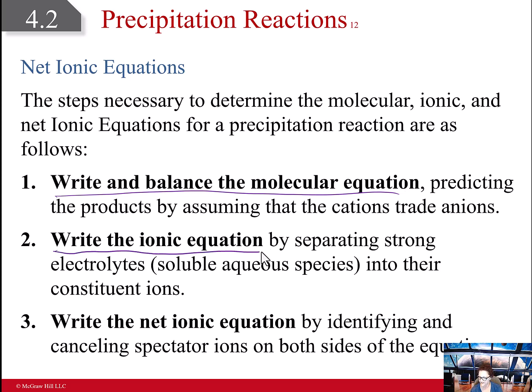Write the ionic equation by separating the strong electrolytes, those that are still going to be aqueous, into their ions, and then write the solids with the designation of S, leaving them in their formula. Then write the net ionic equation by identifying and canceling your spectator ions on both sides of the equation.